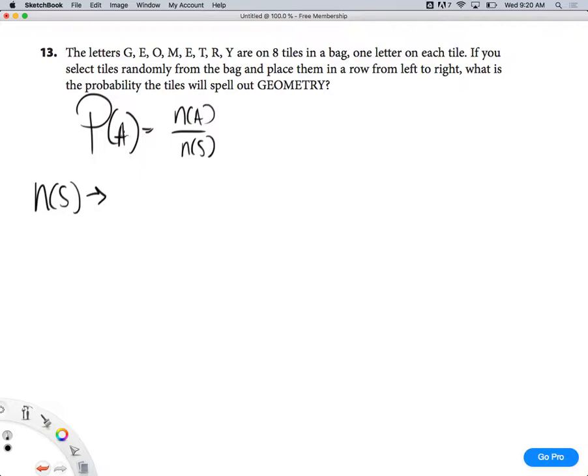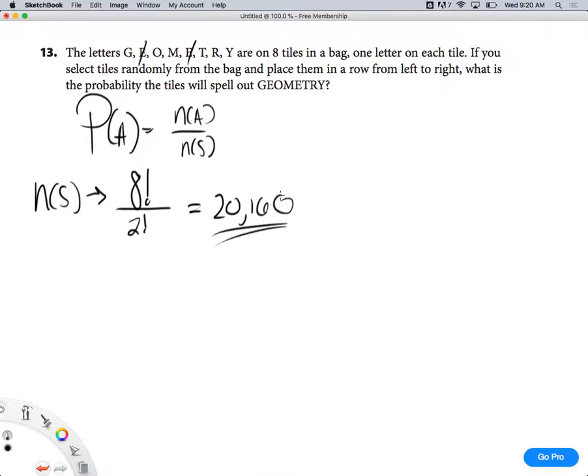In this case, it's a simple permutation because it's just 8 objects, so it would be 8 factorial, but I have to check if there's repetition. Yes, 2 E's. So it's not just 8 factorial, it's 8 factorial over 2 factorial, which is 20,160.